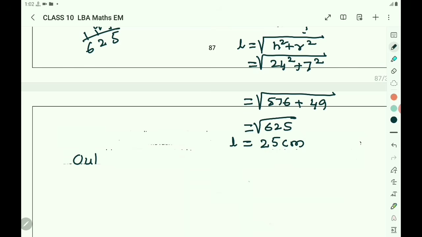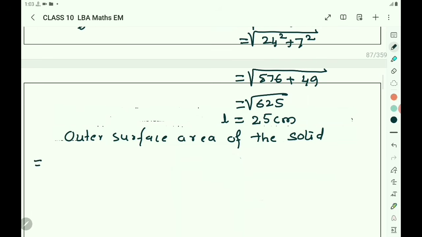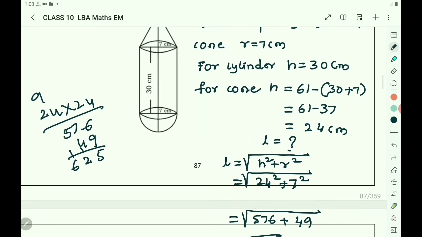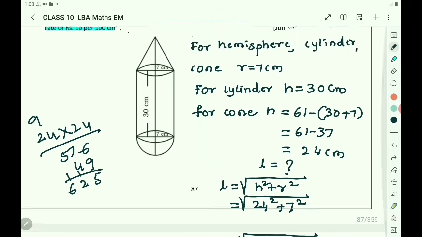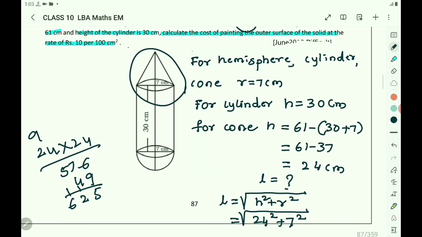Outer surface area of the solid equals CSA of hemisphere plus CSA of cylinder plus CSA of cone.